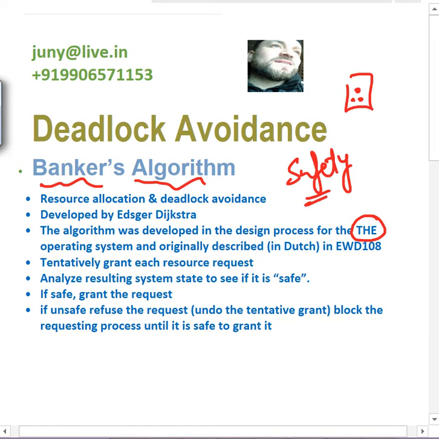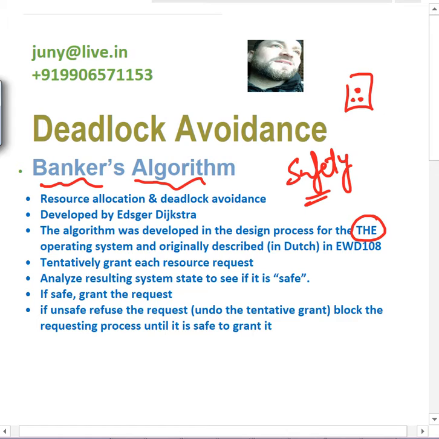We apply the safety algorithm, which means that before we grant a request, we see whether the system is safe or not. So what we do is we tentatively grant the resources for a request. Basically we are not actually granting the request, we just pretend that we have granted it, and after that we see whether our system is in a safe state.